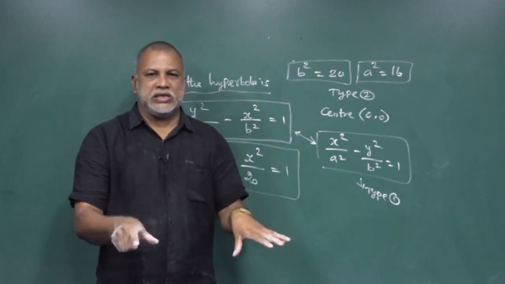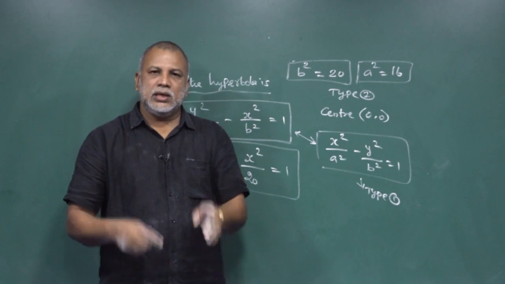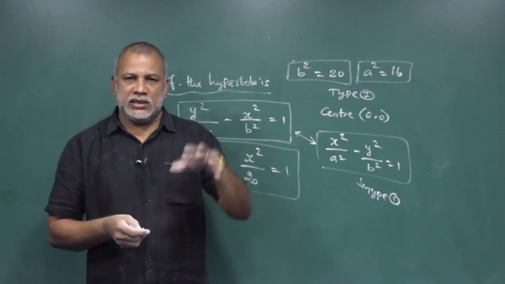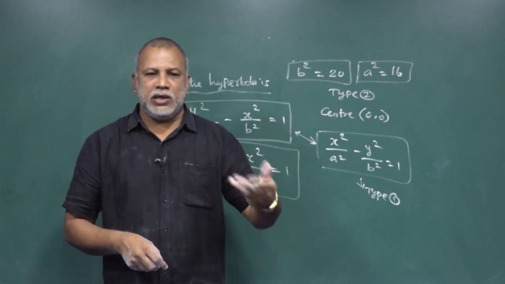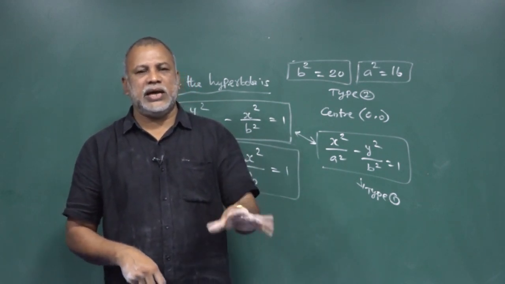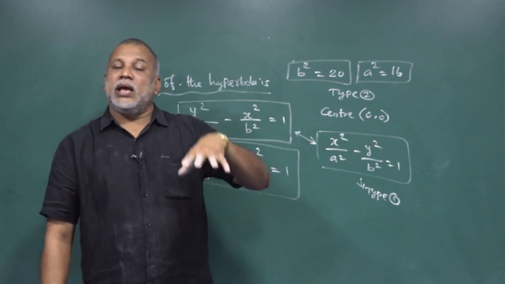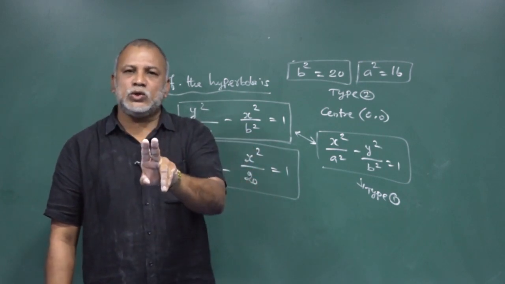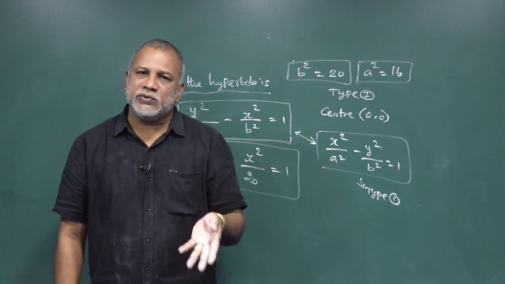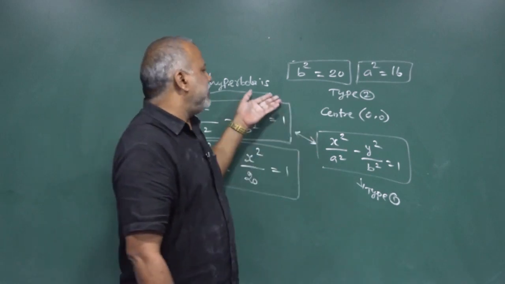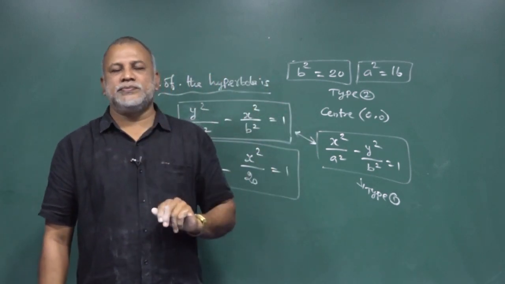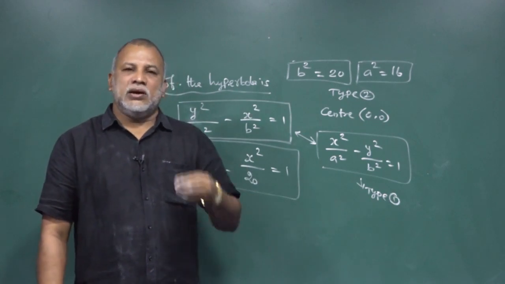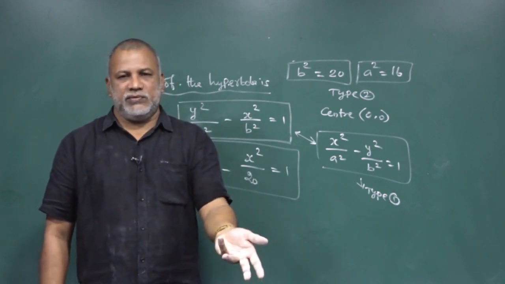For these two questions, just recall the things. Out of the standard results, maybe a center, a foci, a vertices, a directrix, like that, in this problem they give just two data. For the first question, the foci and the eccentricity are given, that is two data. For the second question, the foci and vertices are given.